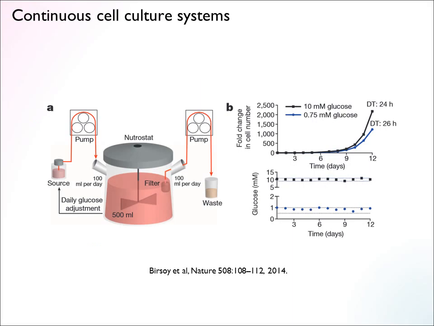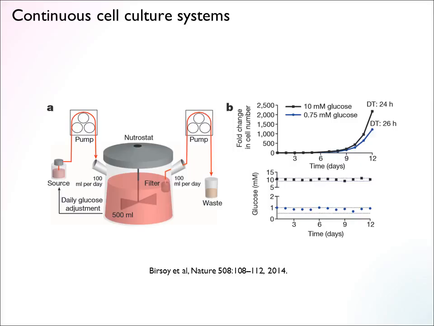So can we improve upon this? Well, there are some continuous cell culture systems. They definitely don't get rid of all the problems with medium formulations, but at least you get rid of the batch culture problems. So you can have a more stable environment, somehow simulate the circulation so that you get fresh medium in, like getting fresh blood in, and then you have a way of getting rid of the waste.